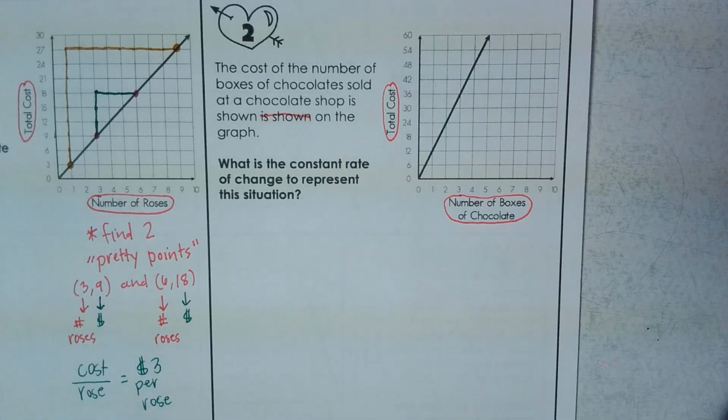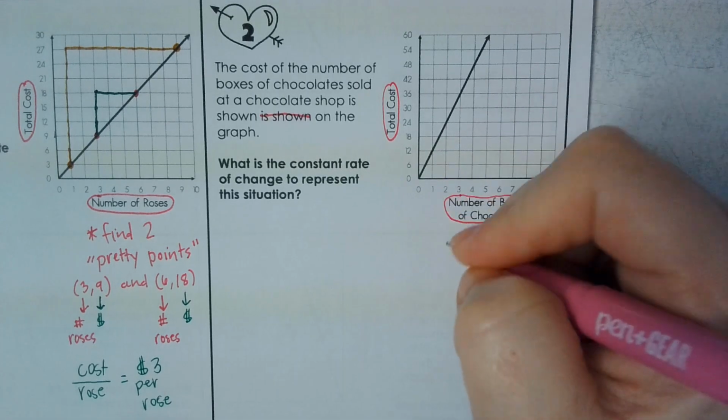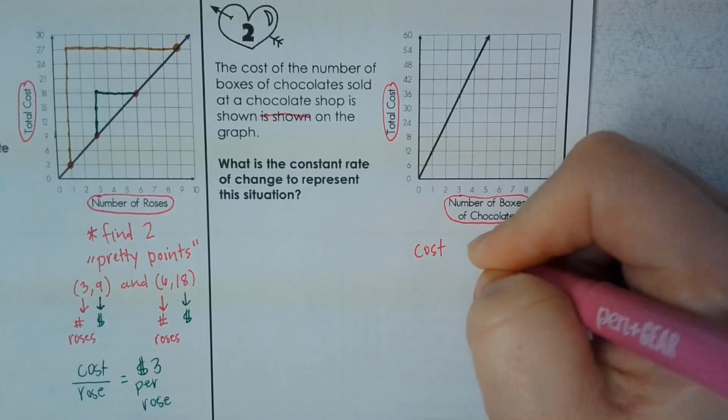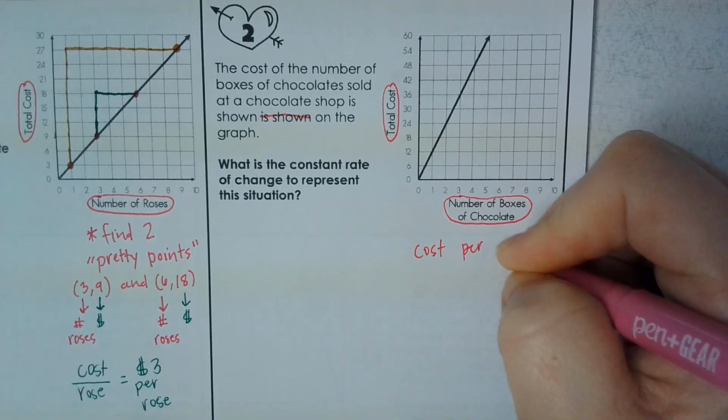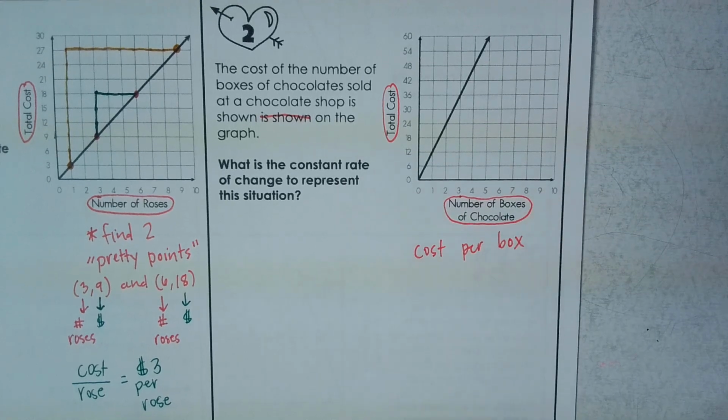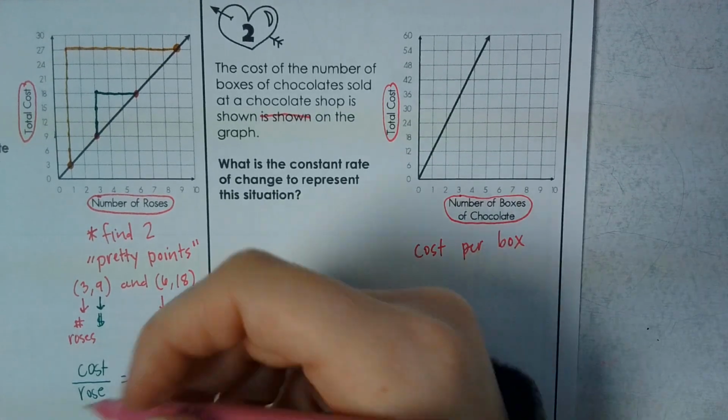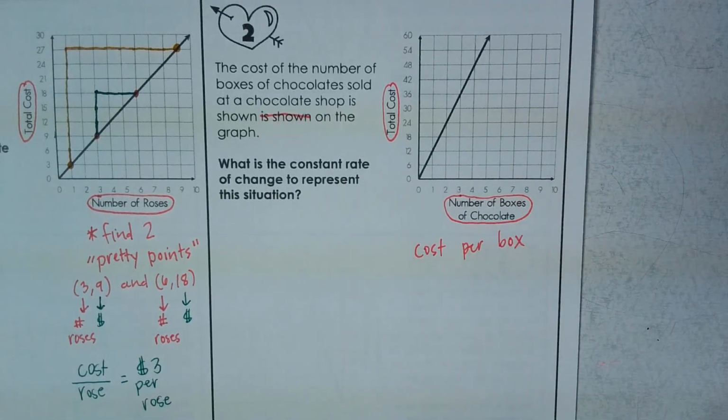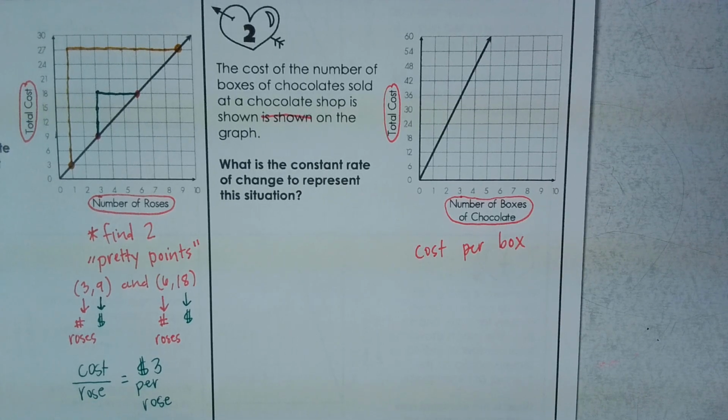Okay, so to find the rate of change, I'm going to try to find the cost per box, right? Earlier it was the cost per rose. Now I'm finding the cost per box. So we could do like Bella said.